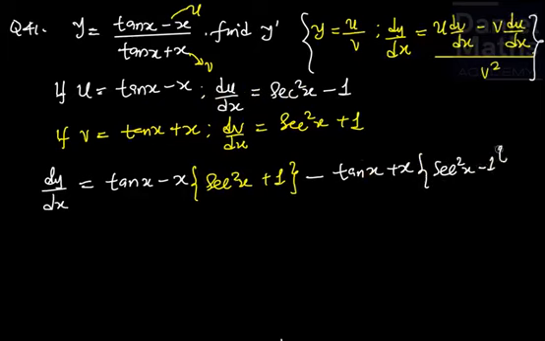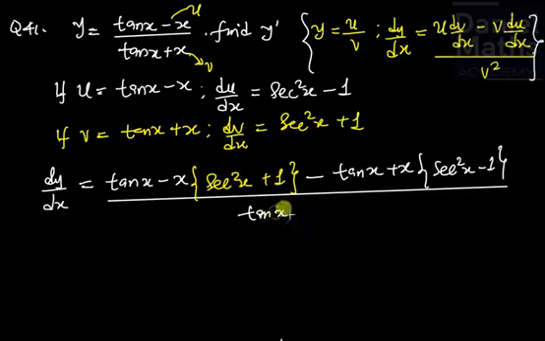All of this is being divided by v. My v is tan x plus x, all raised to power 2.